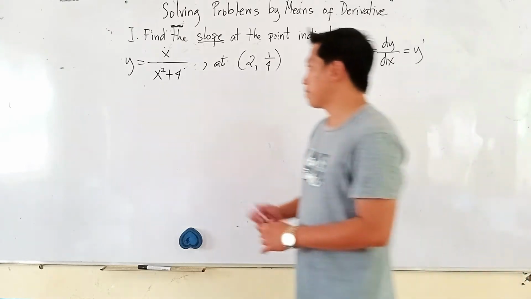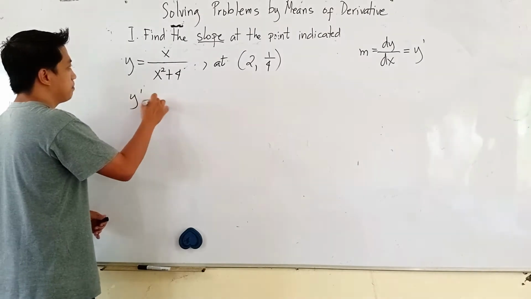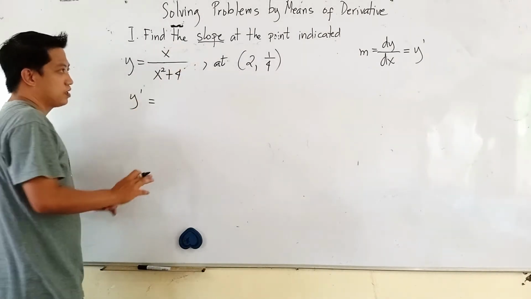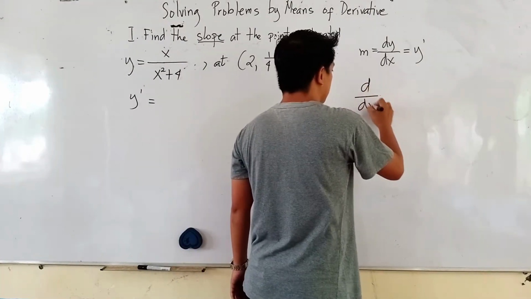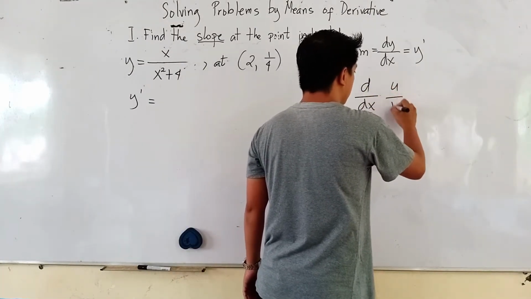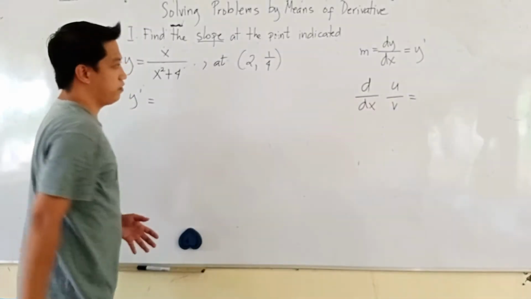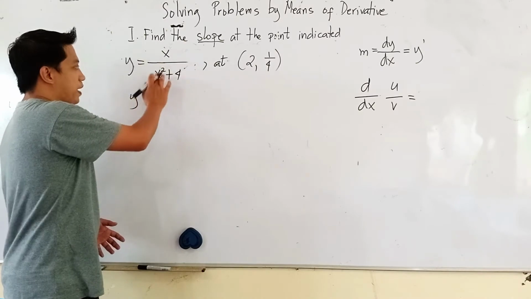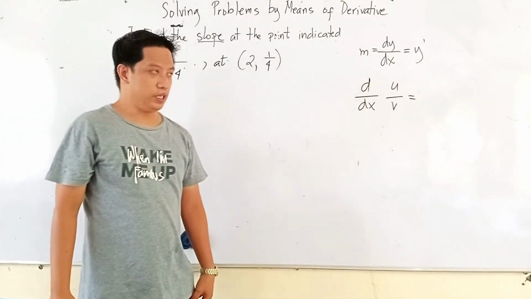So let's start. Derivative of y, that is y prime. We're going to use the differentiation formula for the derivative of u divided by v. Why u divided by v? Because x divided by x squared plus 4 is in the form u divided by v.